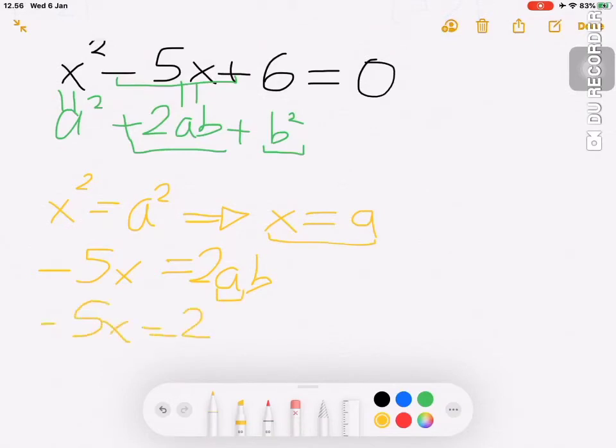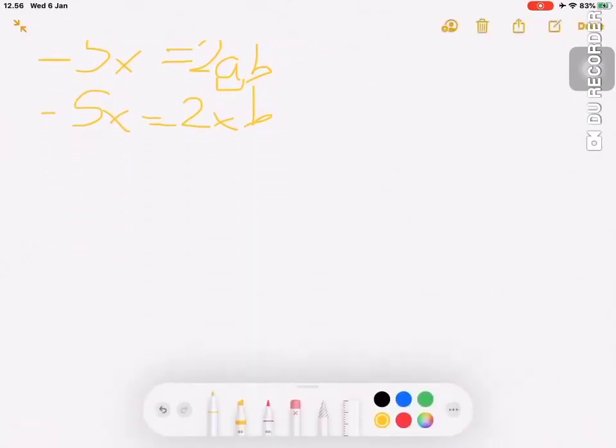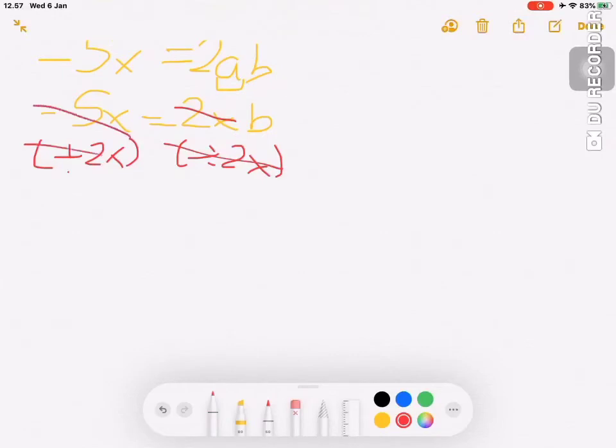From this equation we got x squared equals a squared. We can quickly get that x equals, well, we don't really need a plus or minus sign, so we'll just assume that it is positive a. And from this right here, negative 5x equals 2ab.